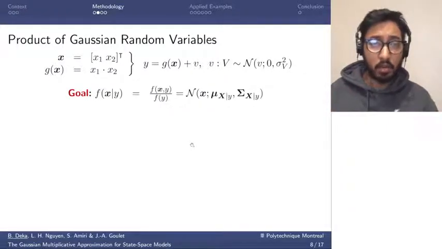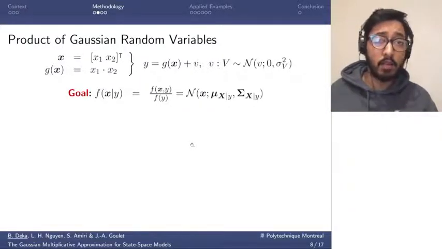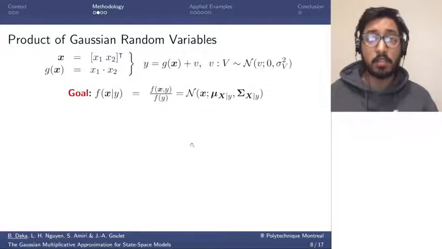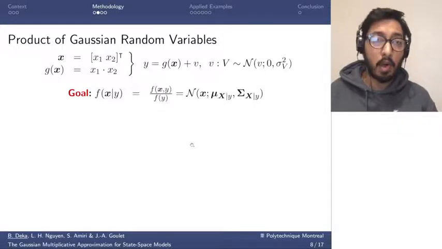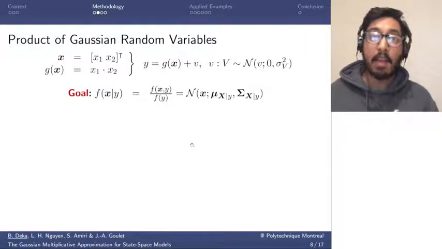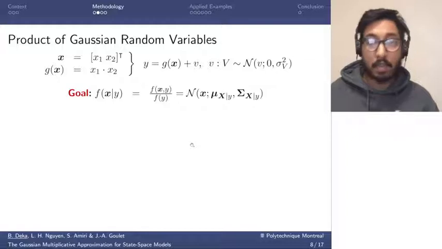So what is the goal now? The goal is to infer x, or the posterior distribution for x given y, which has to be obtained using the Bayes rule, for which we have the joint of x and y, the observations, divided by the evidence, which is f of y.